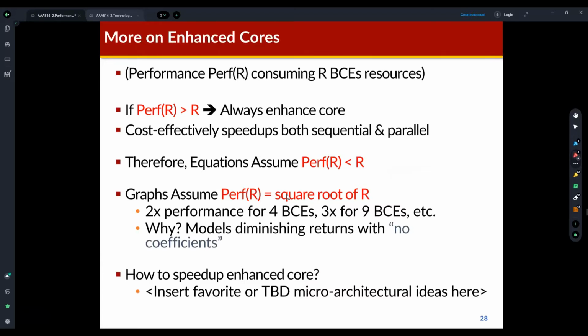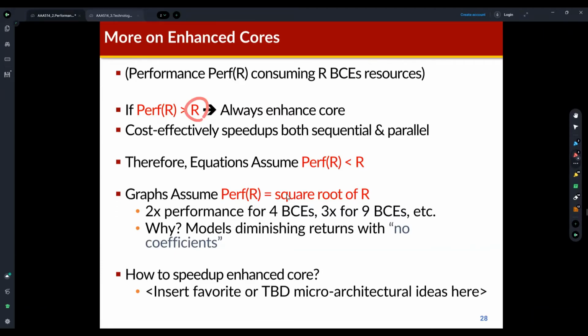Usually, the researchers explain three different cases. The first case is where the performance of R is bigger than the cost R. It's a very happy case.